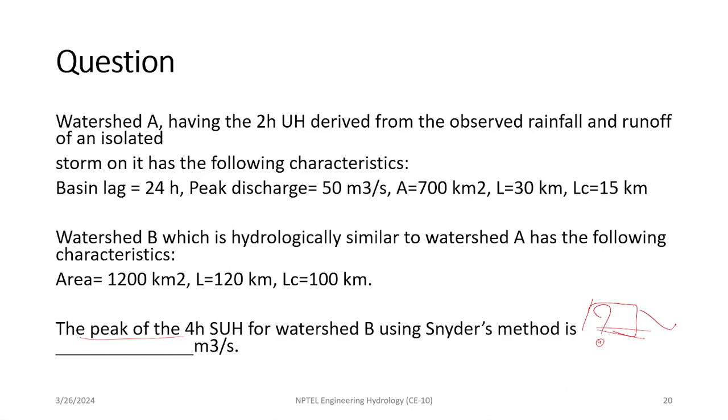Okay, this question is related to a synthetic unit hydrograph, and the Snyder method is being used. Just for your information, this method can give information about the unit hydrograph even if we don't have any gauging site.